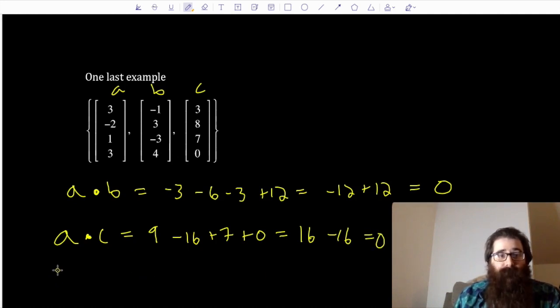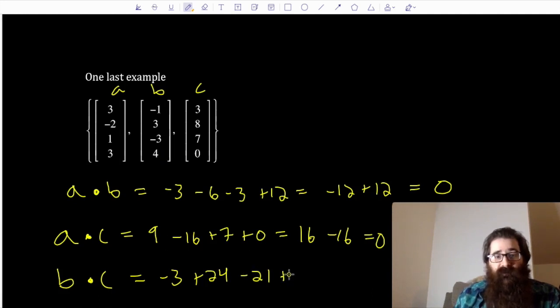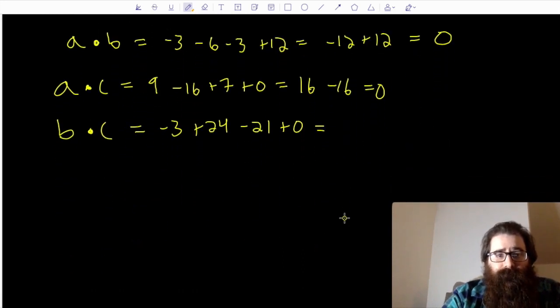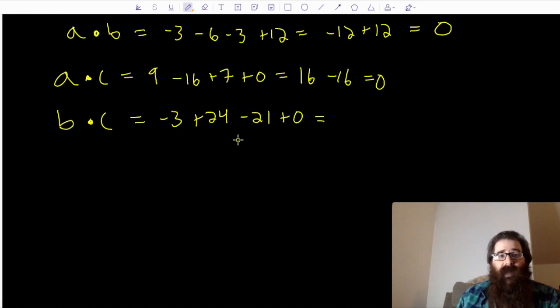And now I have to check B dotted with C. So -1 times 3 gives me -3. 3 times 8 gives me +24. -3 times 7 gives me -21. And then 4 times 0 gives me 0. If we take a look at what this gives us, -3 and -21 gives me -24.